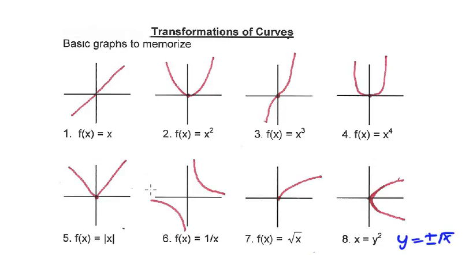If we draw the x and y axes, these axes are the guiding lines, sometimes called asymptotes, for the arms of this reciprocal function. For number 7 and 8, the vertex on number 8 is the origin, and for number 7, the starting point where we begin to draw this arm that goes up is again the origin. So the origin is a very important point for our basic graphs, and we will then do manipulations on these basic graphs.